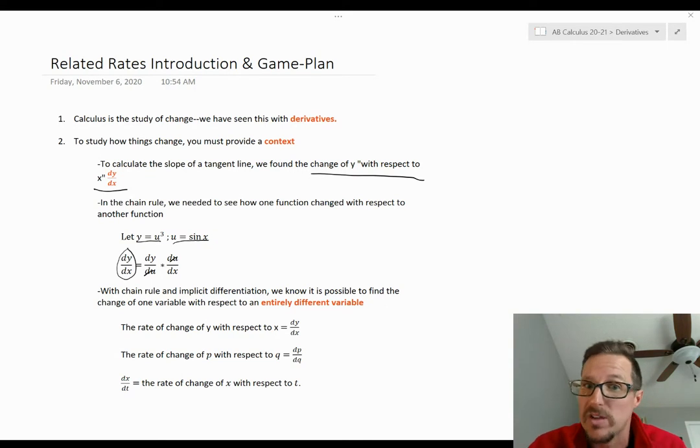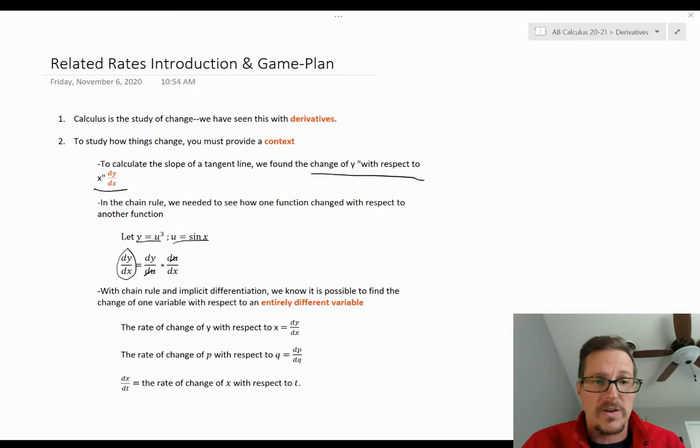x, u, q, t, it doesn't matter. We can take the derivative of anything with respect to any variable we so choose. In fact, with implicit differentiation, we took the derivative of things that weren't functions. We took the derivative of relations, things that were non-functions on the xy plane, and we were able to take the derivative of y with respect to x.